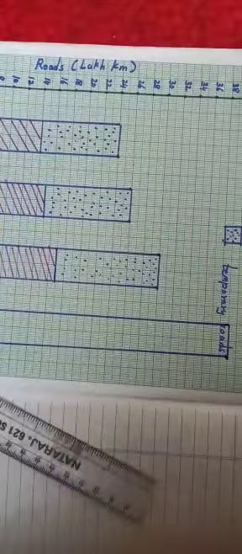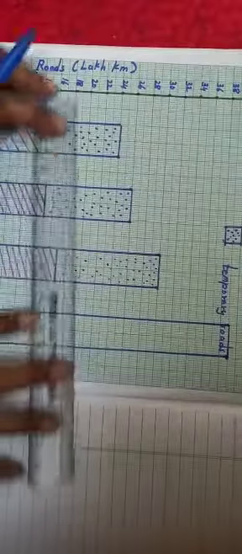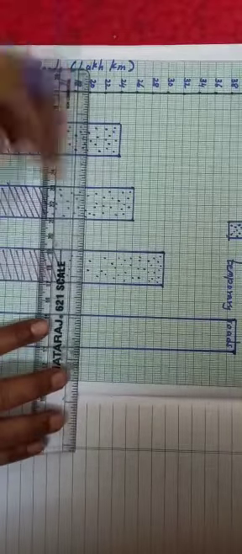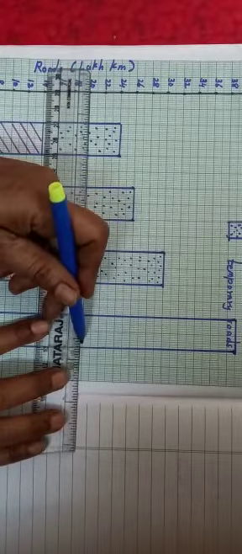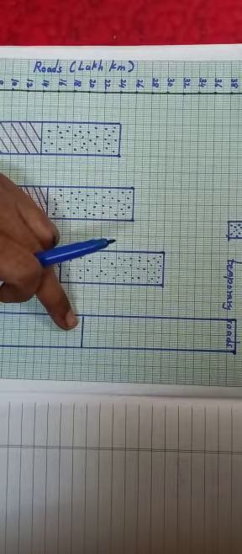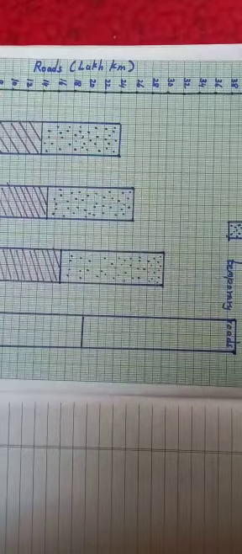Permanent roads is 20 and temporary roads 19. 20 is very easy, 20 is here, see. So like this I will mark it. This 20 will be permanent roads and 19 will be temporary roads.